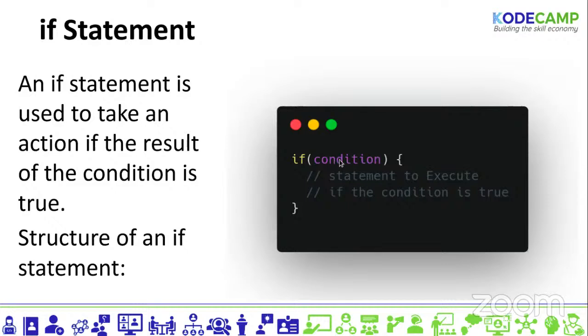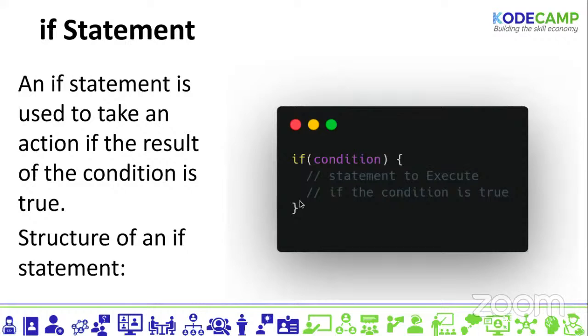So if this condition is true, then whatever I put in this block of code will work. So whatever I write here will work. So that's how an if statement is. Everything, the if else and else statement, builds on this if statement. So if a condition is true, then this statement should run.